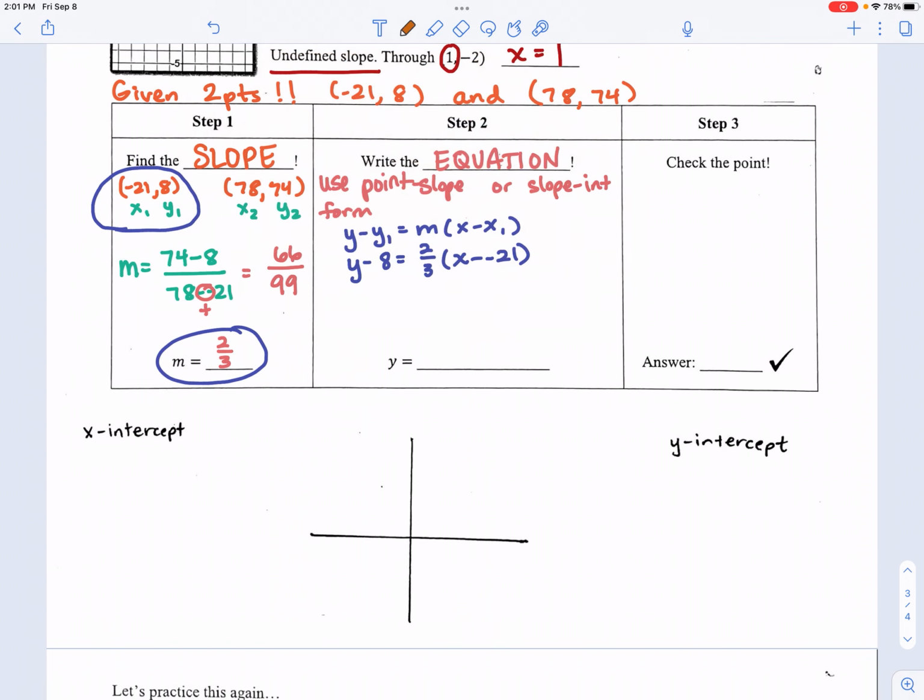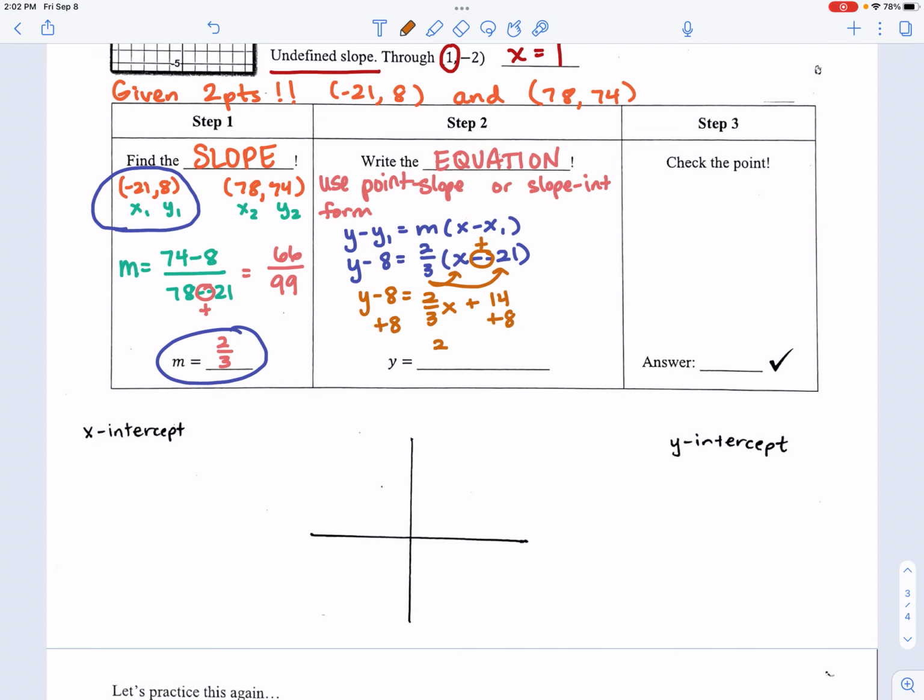And now I'm just going to solve for y. These two negatives turn into a positive. So we have y minus 8 equals, and here I'm going to distribute. 2/3 times x is 2/3 x. 2/3 times 21 is a positive 14. And then to solve for y, we add 8 to both sides.